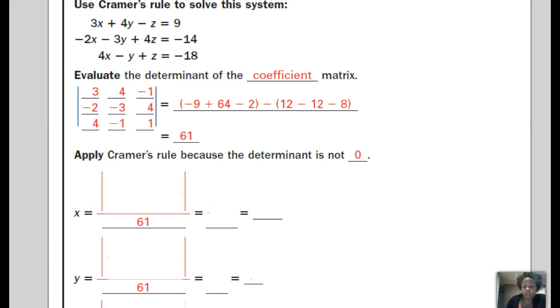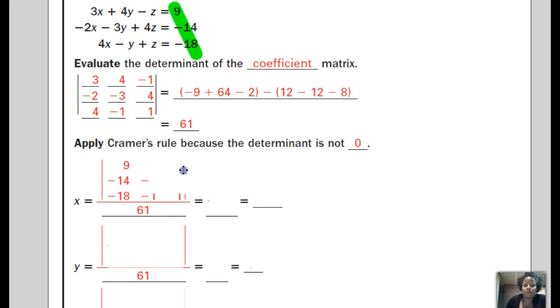I'm sorry, I was totally wrong. The right-hand side column is 9, negative 14, negative 18. So if I go over here and see, that's what this column is. And the rest of the columns are from the same coefficient matrix.